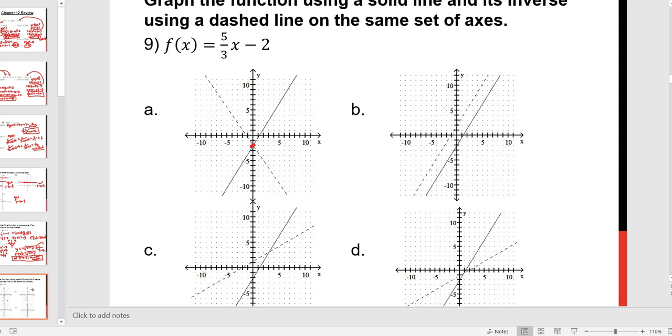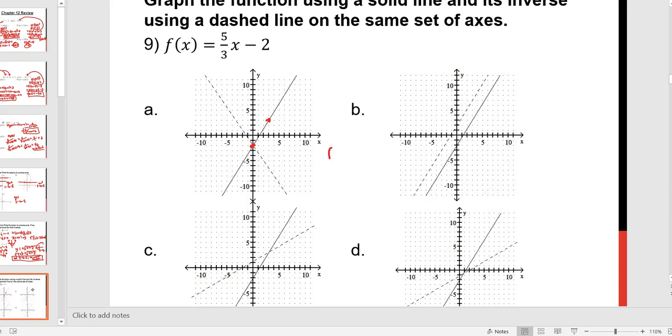Maybe I'm wrong on that one. Oh, it's a solid line. That's my mistake. So how about 3 and up 3. Let's take those 2 points and switch them.